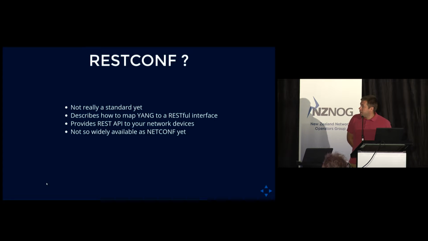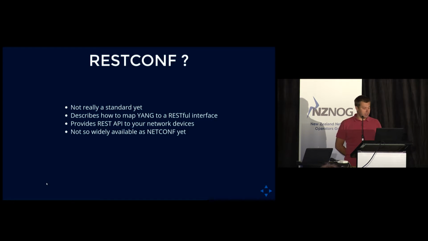RESTconf, it's not really a standard yet per se. It just provides the mappings of the YANG modules to the RESTful interface. So it actually just works like any other API. If you're familiar with some of these APIs, you can just GET or POST to the device, and it will reply with a JSON.